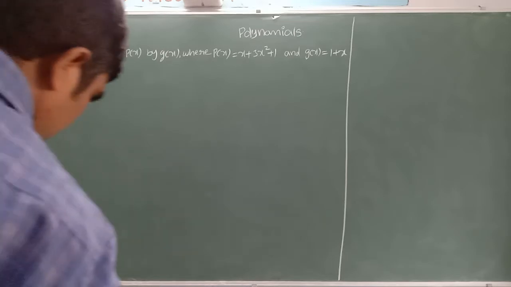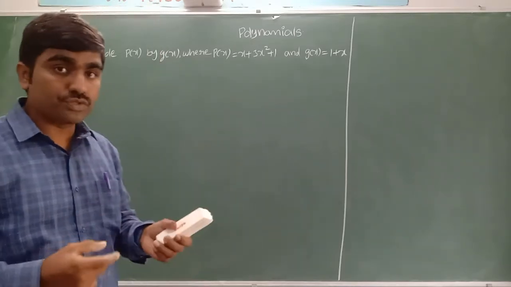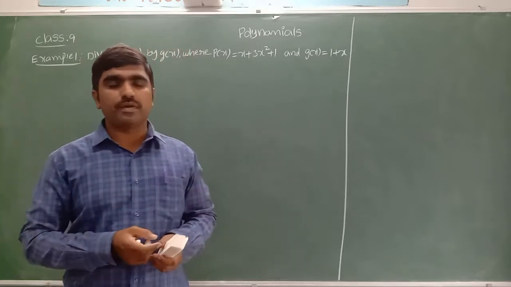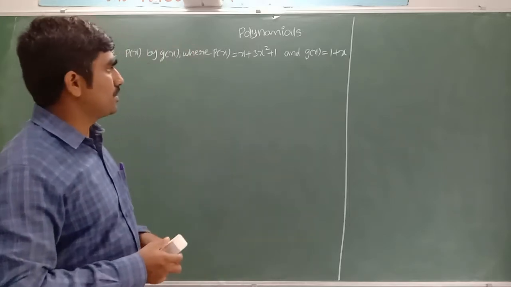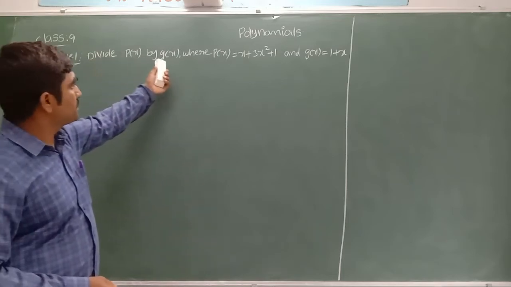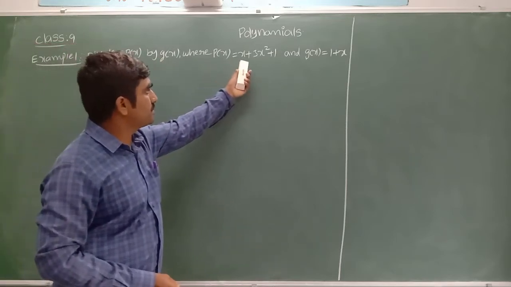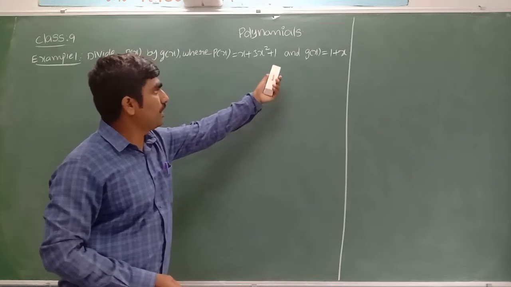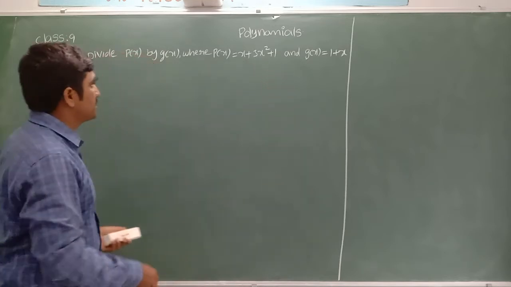Okay children, just now we learned the rules of division of a polynomial by another polynomial. So based on that concept, let's see one example. Here they are asking to divide p of x by g of x, where p of x is x plus 3x square plus 1 and g of x equals 1 plus x.